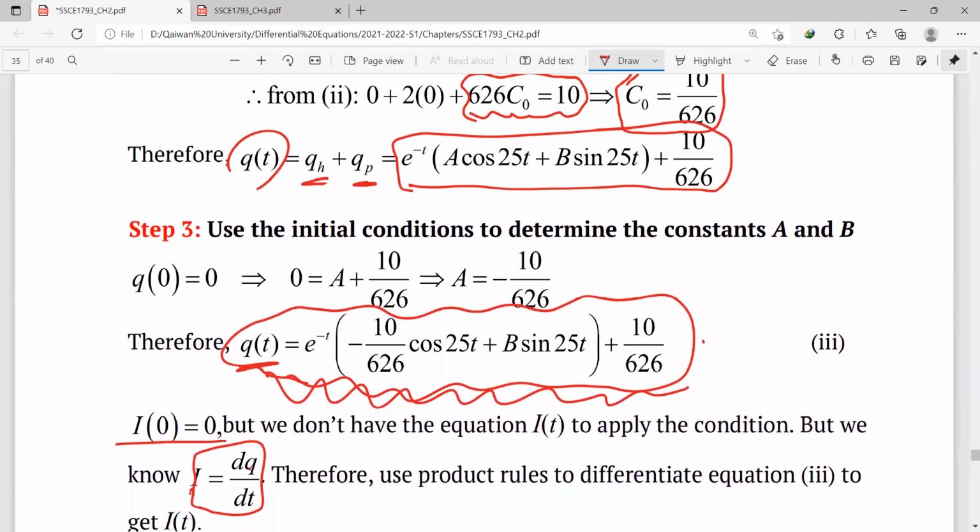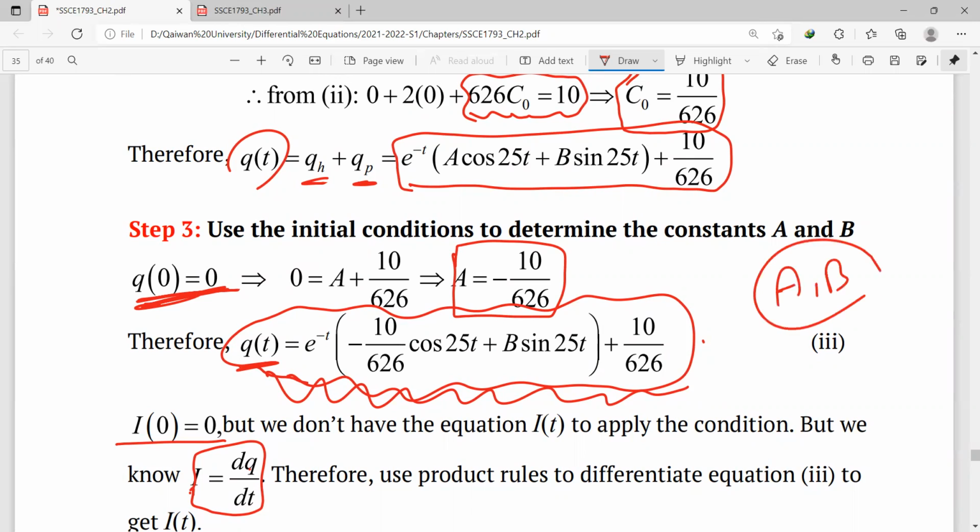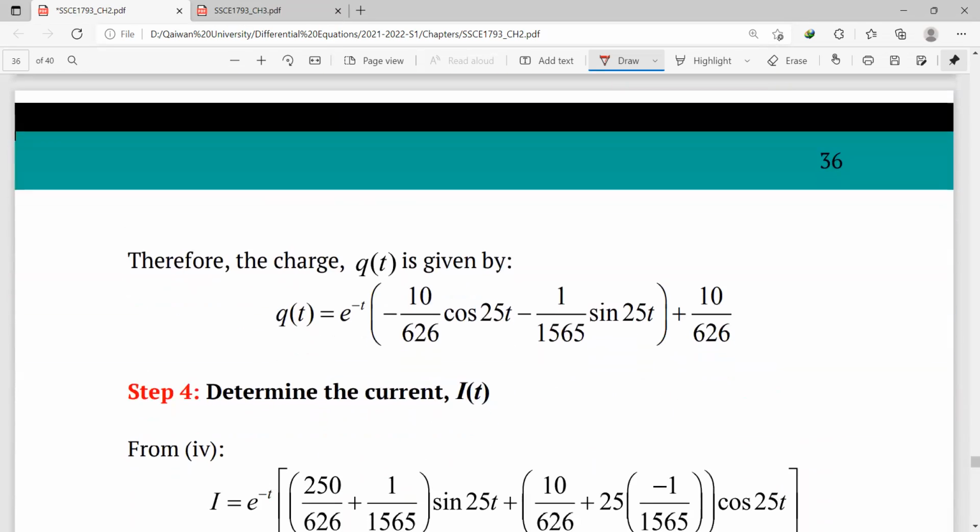If Q is 0, here we get that A is minus 10 over 626. Now we have A and B. We found these two. If we put them both here and here, we get this. This is Q of t.